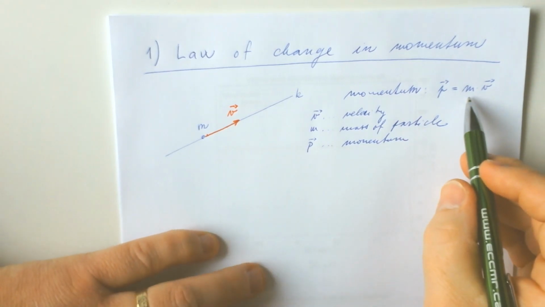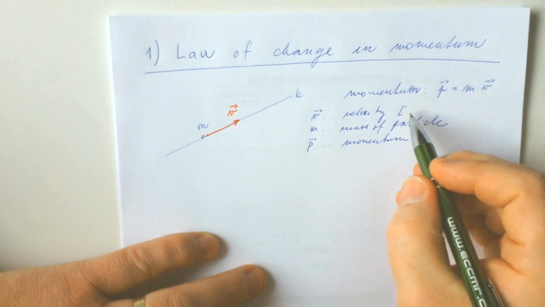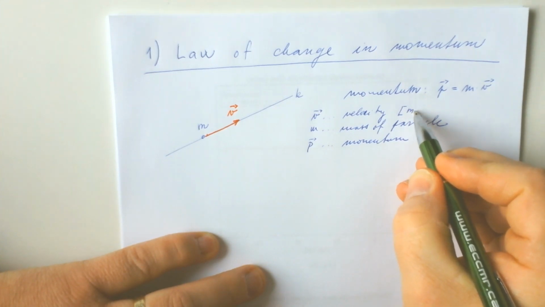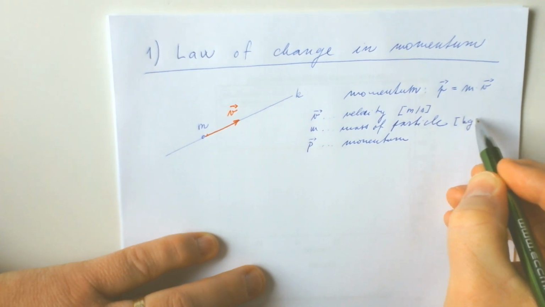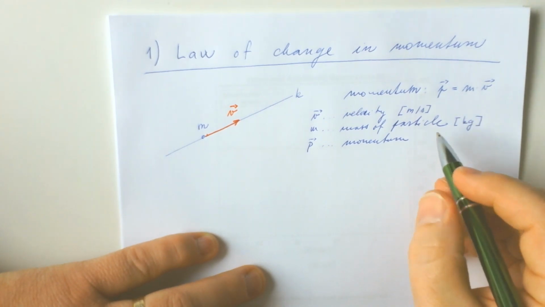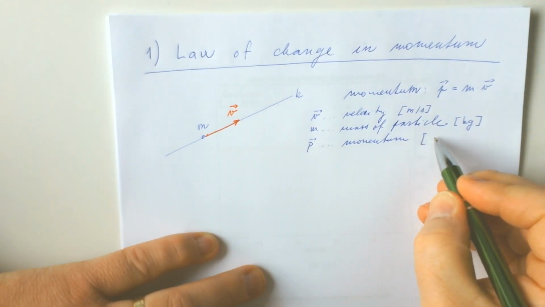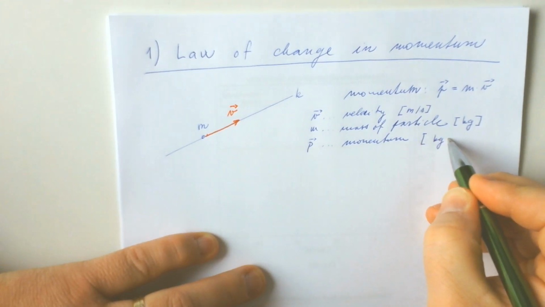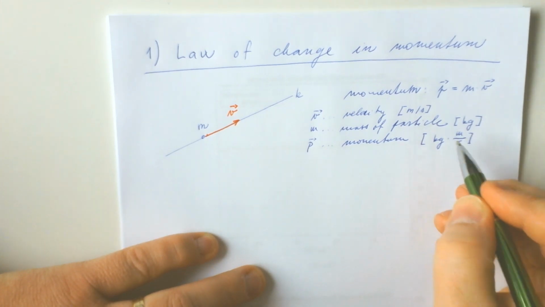From this expression follows that if velocity has a physical unit meter per second and mass has physical unit kilograms, then momentum has physical unit kilogram meter per second.